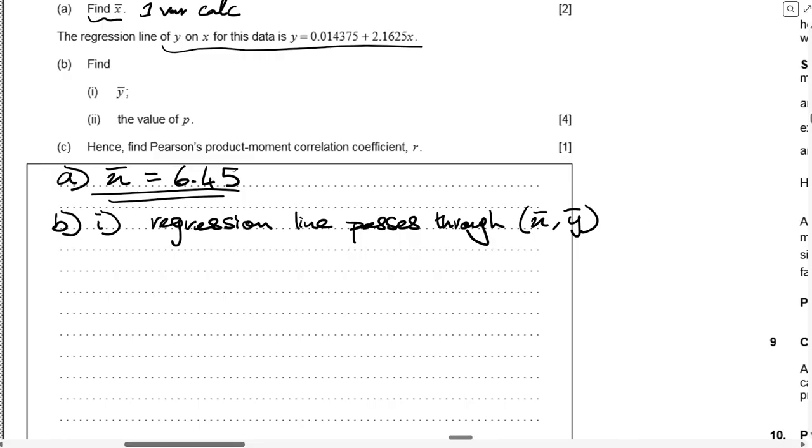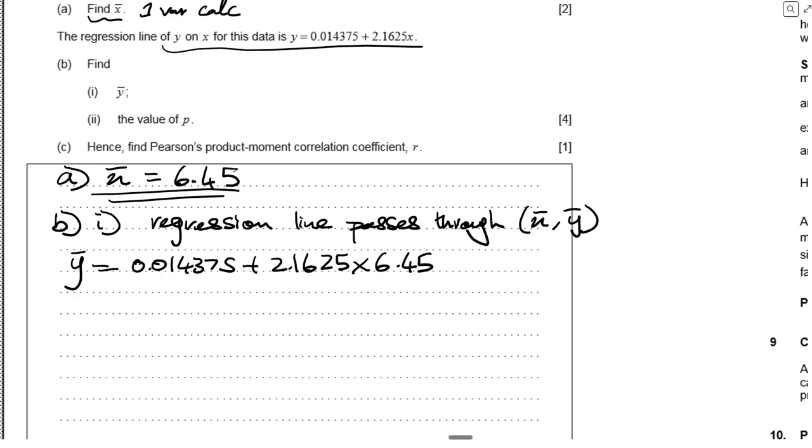This is a coordinate on the line. And so now what we can do is use that line, y, to find y mean: 0.014375 plus 2.1625 times our x mean, which is 6.45.